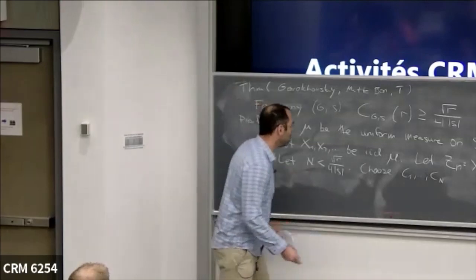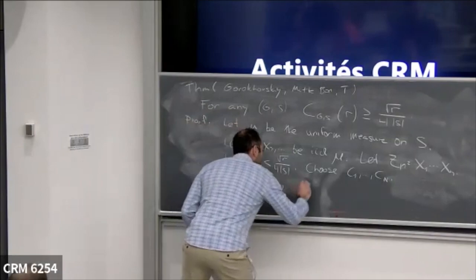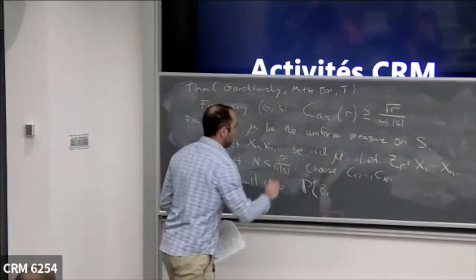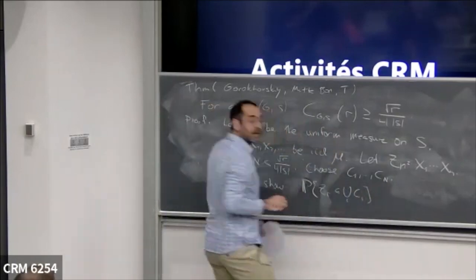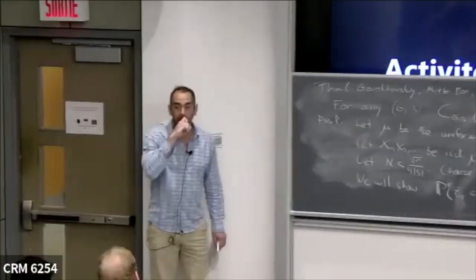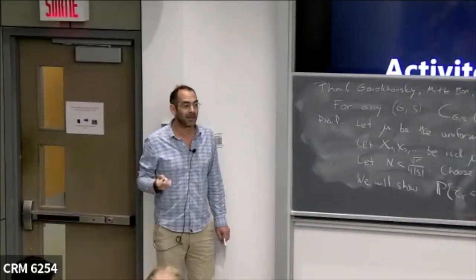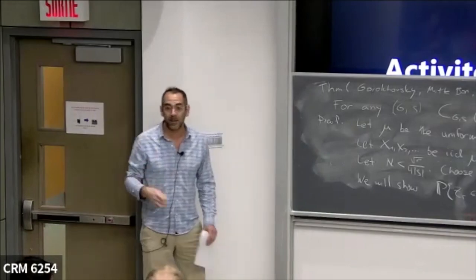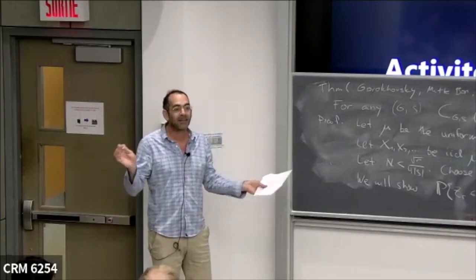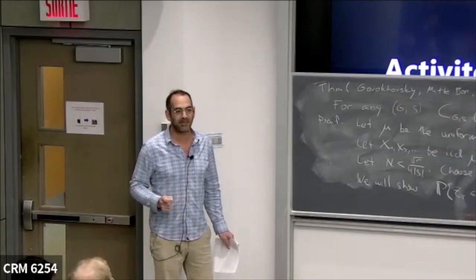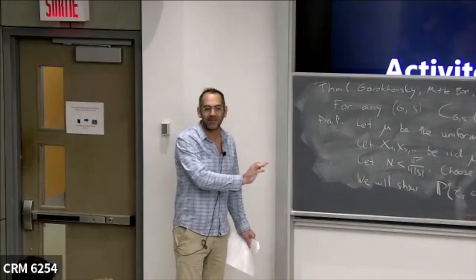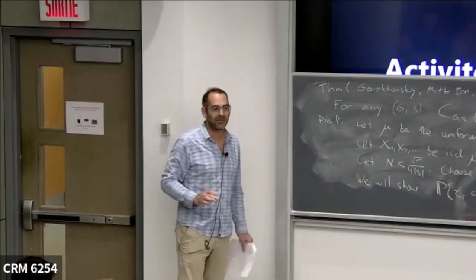So I'm going to calculate the probability that Zr is inside the union of these things, and I'm going to show that this is less than 1. This will finish the proof, because with positive probability I'm outside of these things, but I know that I'm in the ball of radius r. So I must be in this strange new land that is not covered by these things. In some sense, this is not unrelated to the probabilistic proof of the invariant measures that I mentioned before.